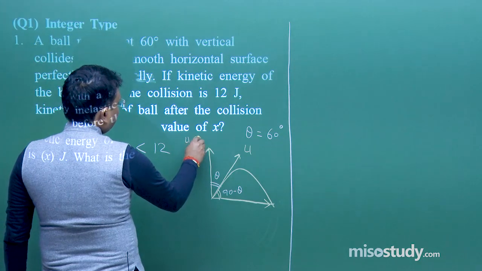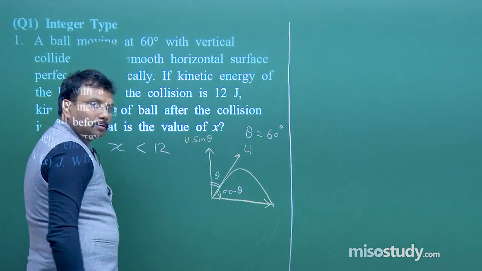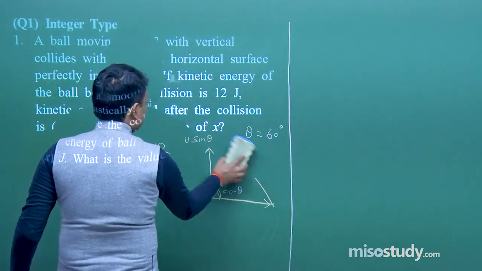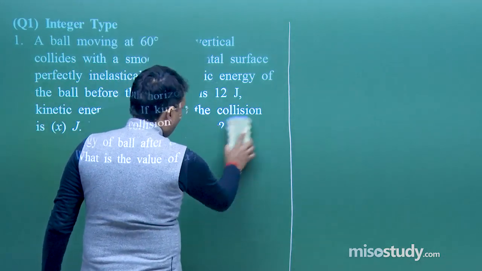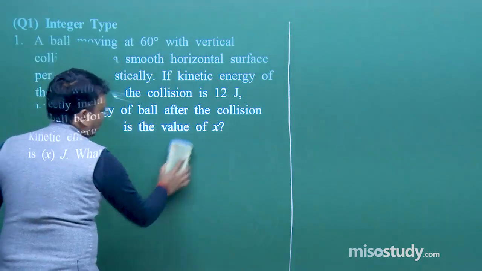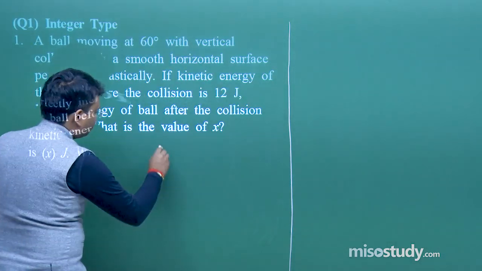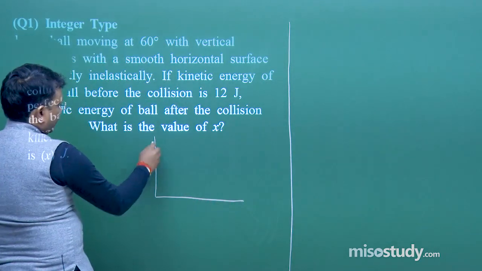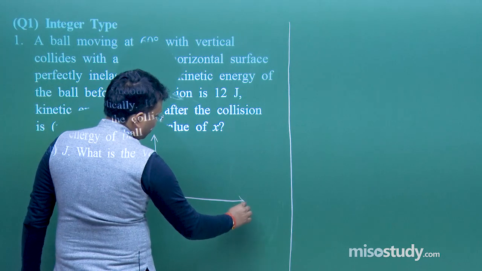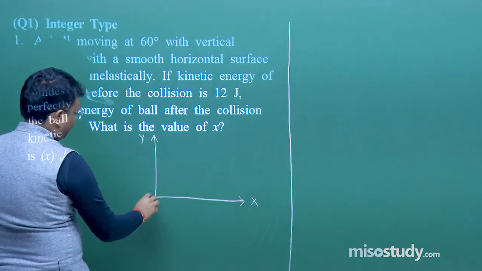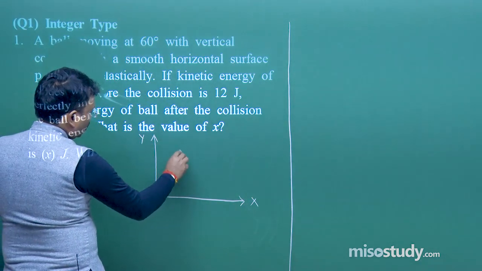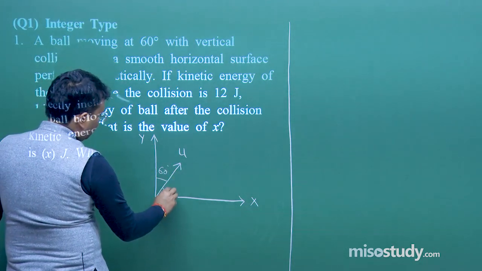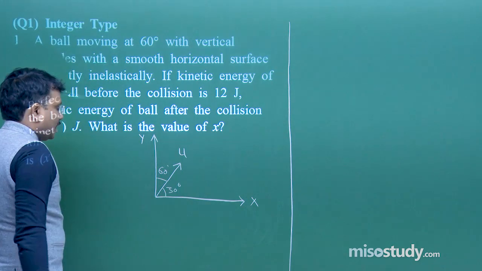I should draw a big diagram here in the question itself, fine. Like this, y axis, x axis, u, it is 60, it is 30, put the values directly.